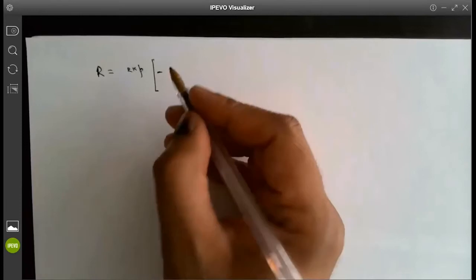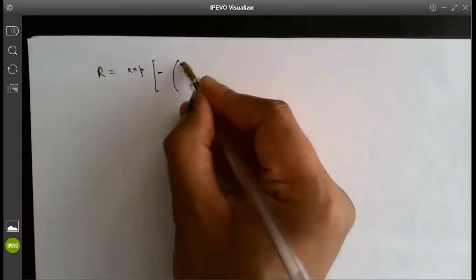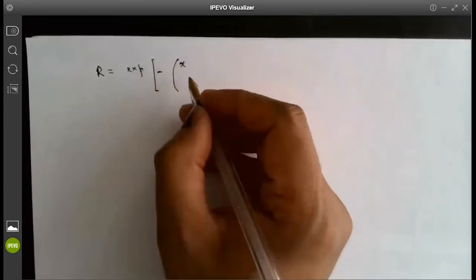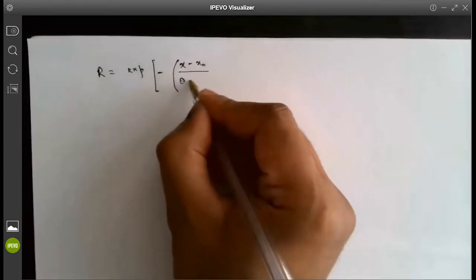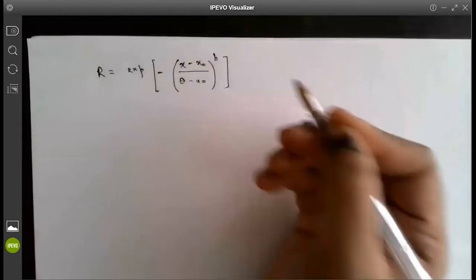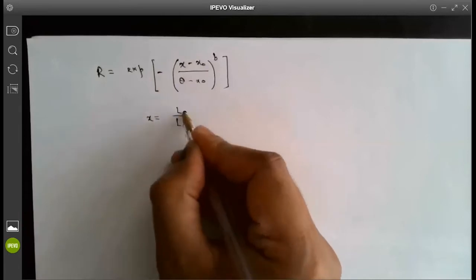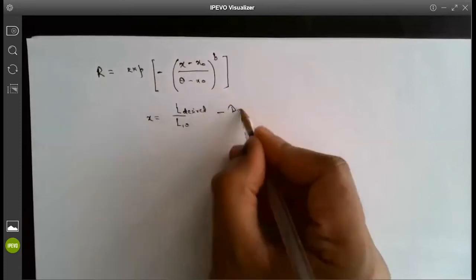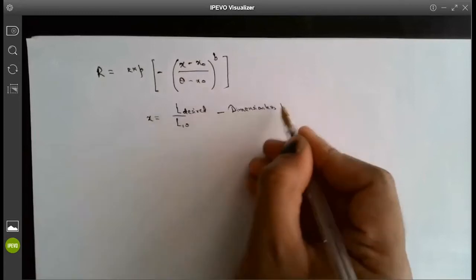So what the reliability is related to the life is given by this expression: R equals e raised to the power of minus, x minus x naught divided by theta minus x naught, raised to power b, where x is our dimensionless life measure, or L desired divided by L10. So it is a dimensionless life measure.